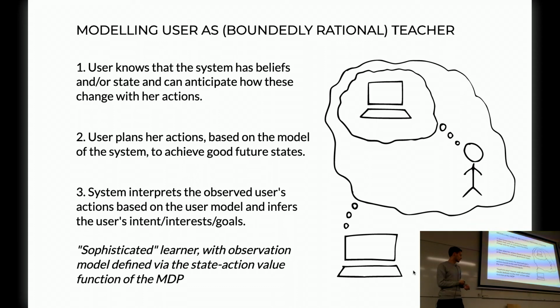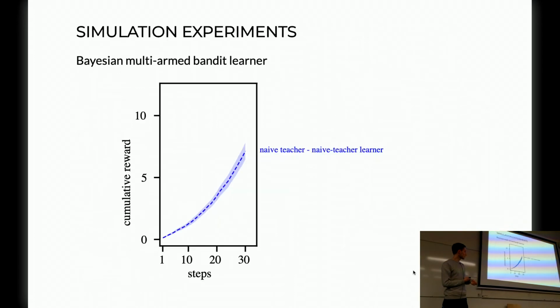The observation model was defined based on the state-action value of the MDP. Of course, this is just a model of the user. The real user might hopefully do something like this, but might not. But we learn it from the interaction. So that was basically the modeling part.